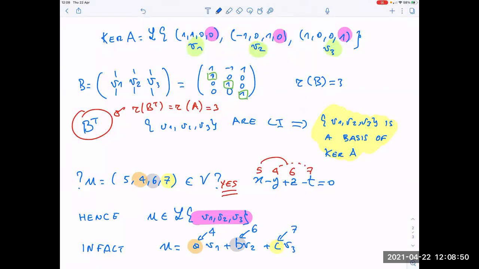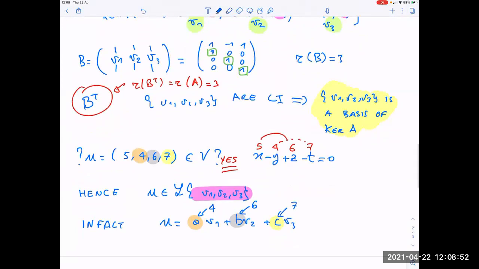Then if you do this, the first component of this vector is going to be 4 minus 6 plus 7, which, if you go and check, is actually 5. The second component is 4, the third component is 6, and the fourth component is 7, exactly as we needed. But that's only true because the equation is satisfied.